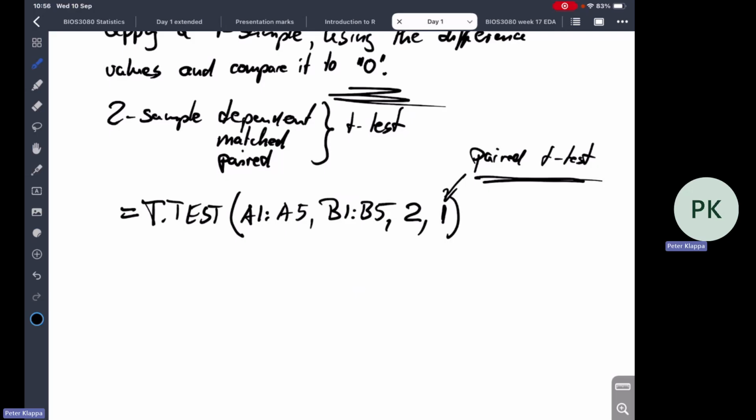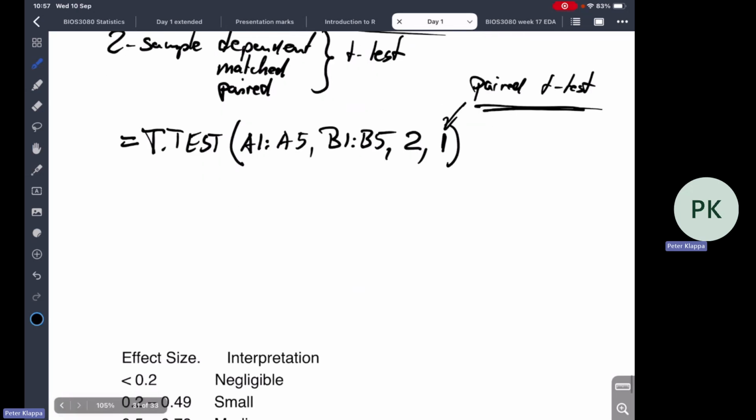Leave it always at 2. It's a two-tailed test. If it is paired or matched, it's a 1. If it is not paired, it is 3. Do not touch 2. Touch 2 and you get the classic t-test, which is just simply BS. Happy with that? Can you do that? Well, it's fairly straightforward, right?